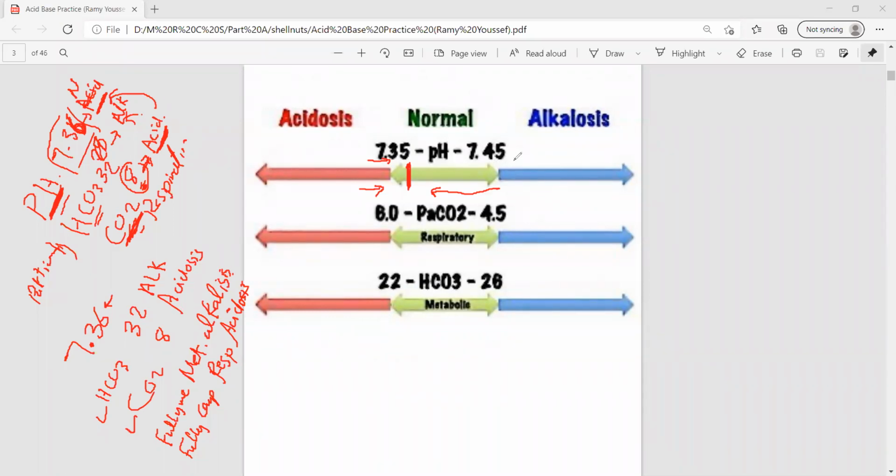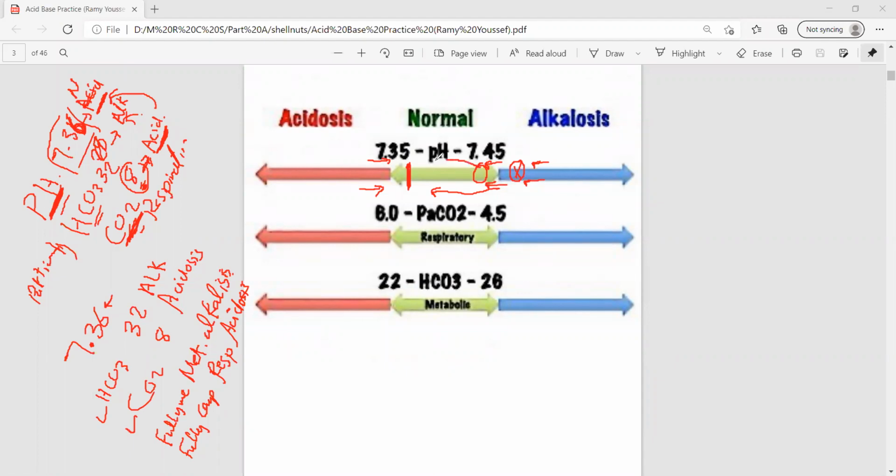So if I have a metabolic alkalotic problem, the acidotic parameter will start to compensate until it pushes this point inside the normal range, then stops compensation. Put in your mind that it will stop. It starts to push till it arrives here in the safe area and then stops.